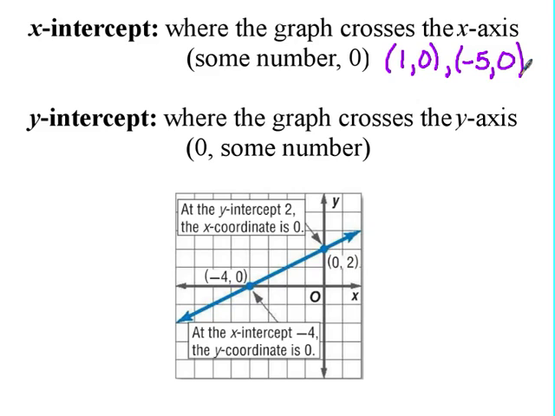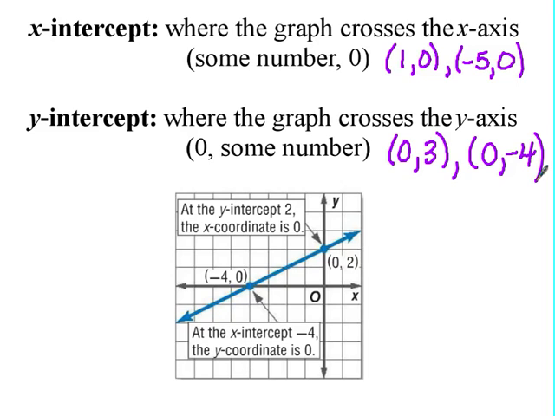The y-intercept is where the graph crosses the y-axis. The x-coordinate in this case is 0. So you could have 0, 3, something to that effect, 0, -4. Okay. Now I don't know if you necessarily need to write down the graph here.